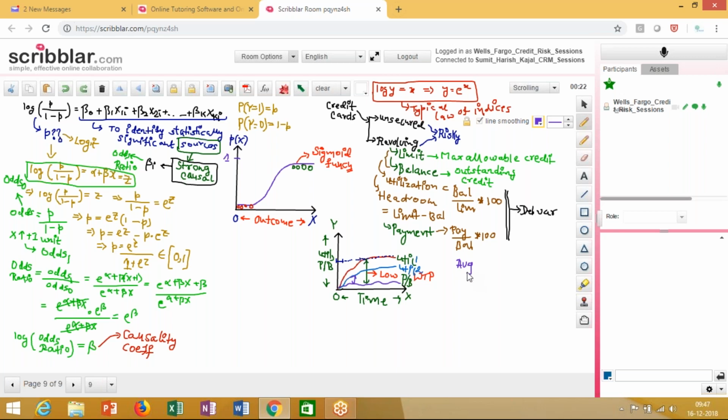So average utilization in the last 3 months.